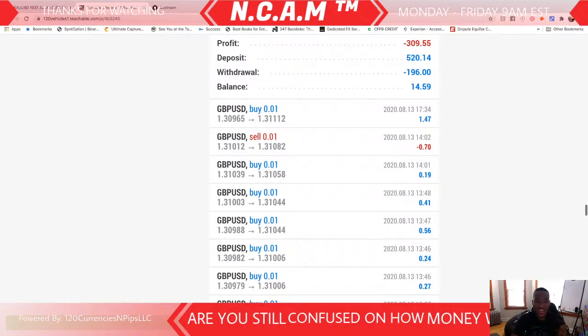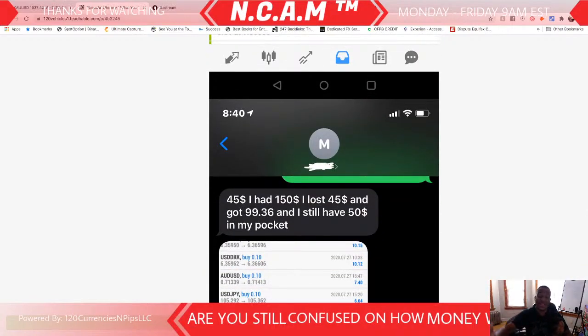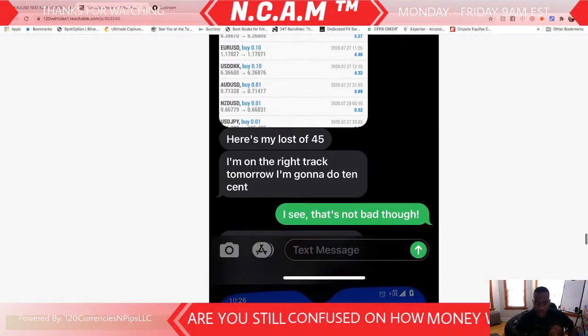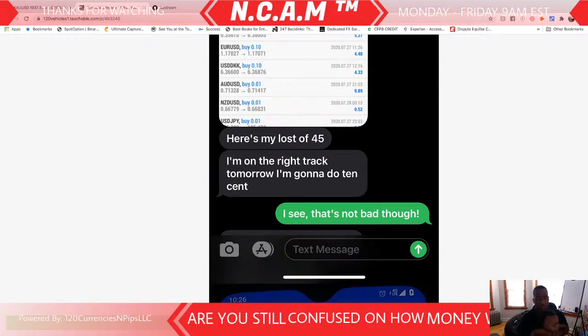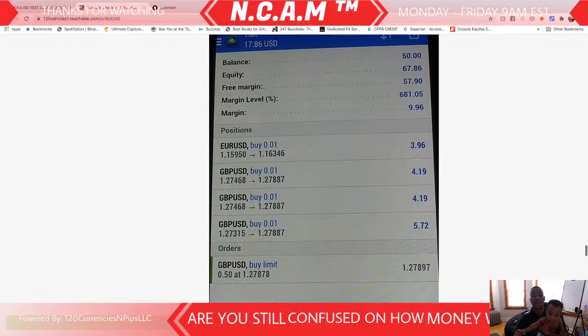Look, you see it says buy the euro, pound versus US dollar for a penny. You see the pennies there. He's buying and profiting and compounding his money with pennies. You don't have to start with a lot of money to compound your money to even get started. Right? Pennies. Look, he's doing 10 cents now. Pennies. Right? Look, this gentleman started with $50. It doesn't take a lot of money to get started.